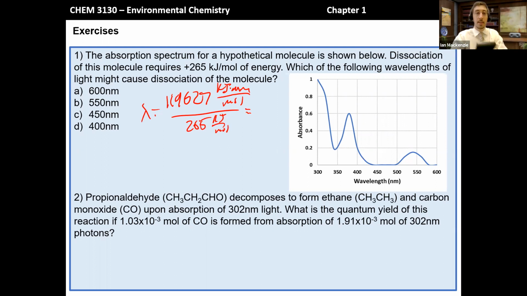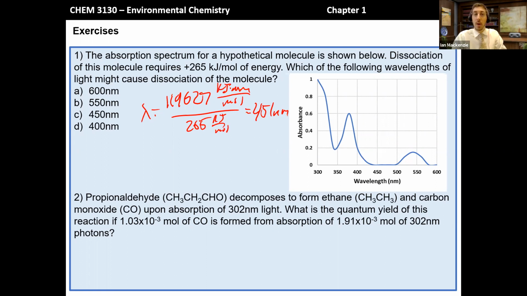If we plug that in, 119,627 divided by 265, we come out with 451 nanometers. That's the maximum wavelength of light that has sufficient energy to drive a reaction.